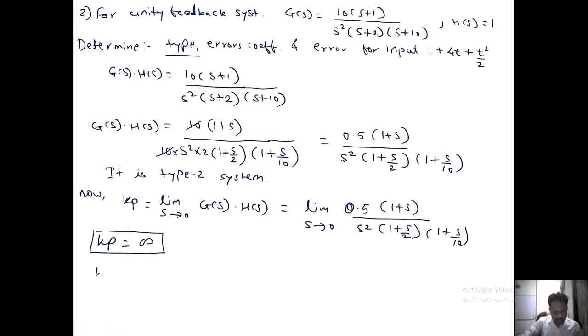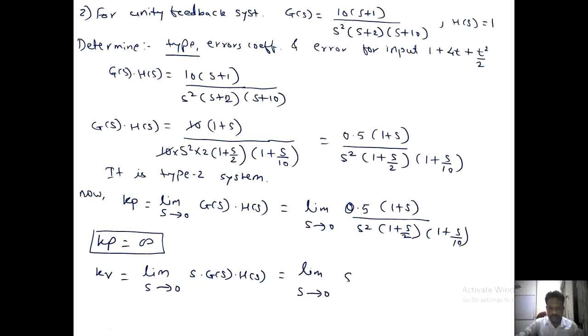As well as the next error coefficient kv. kv is limit s tends to 0 of s into g of s into h of s. So a single s will be here. I am continuing for the same.